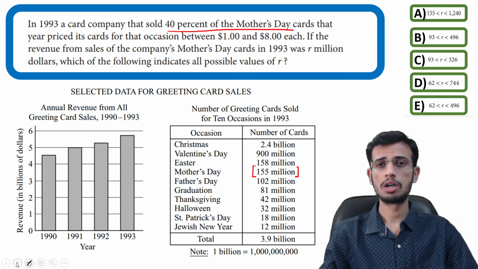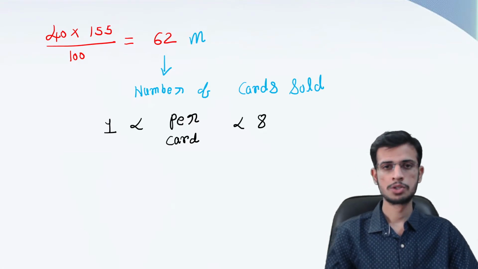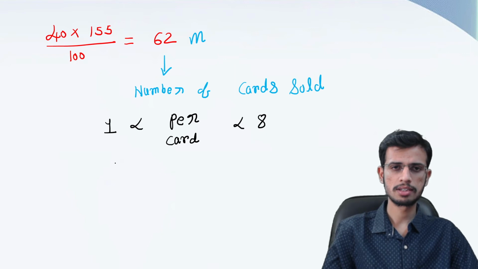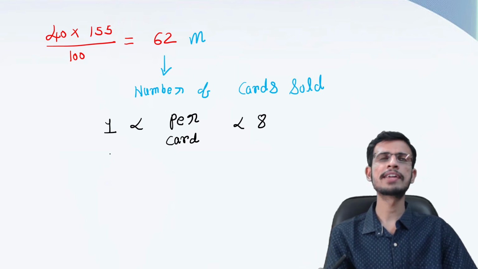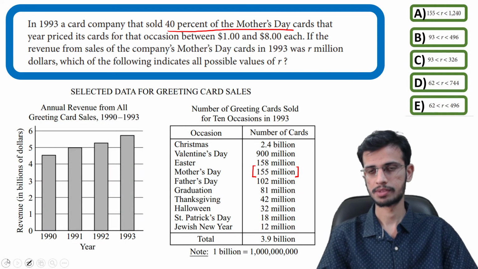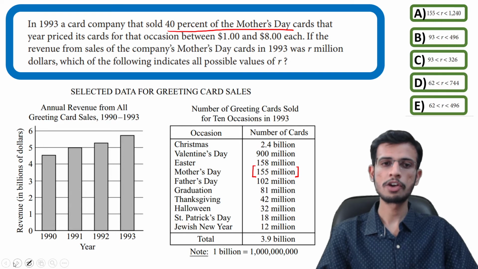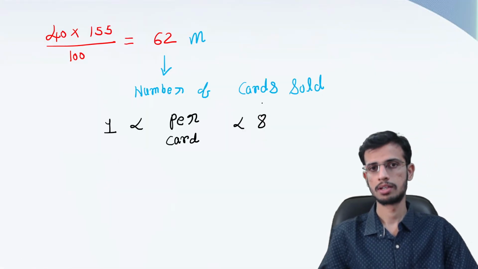So they have sold 62 million cards. So we can multiply on both the sides with 62, because if you find the average price, that will be between 1 and 8, right?